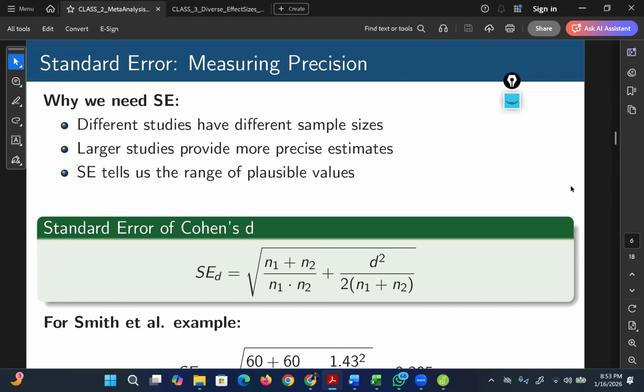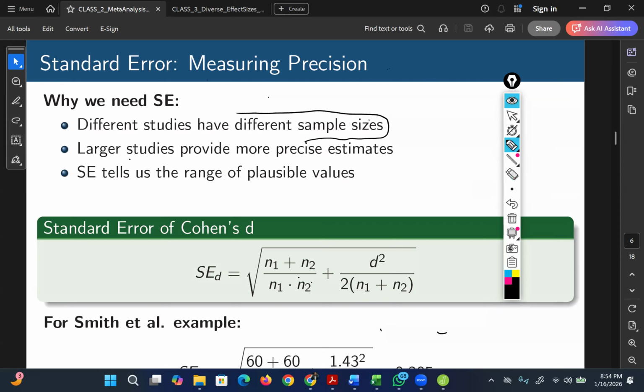Now, standard error is measuring the precision. In the standard error, different studies have different sample sizes, and larger studies provide more precise estimates. Standard error tells us the range of plausible values.